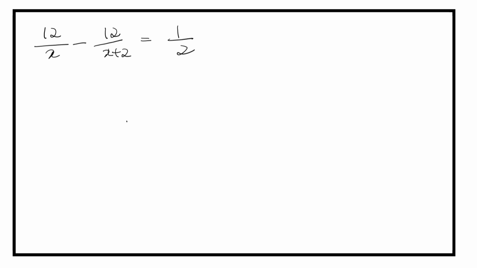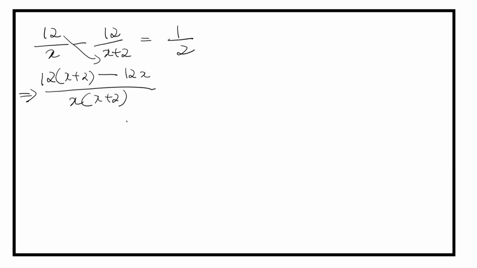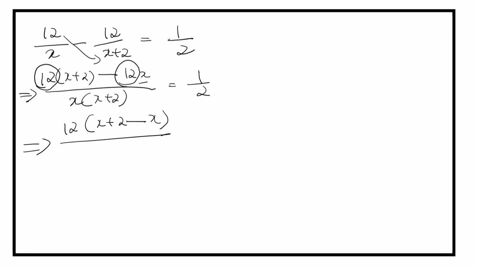Now let us take LCM. What is LCM of x and x plus 2? x into x plus 2. Now we can cross multiply, 12 into x plus 2 minus 12x is equal to half. Now 12 is common. x plus 2 minus x upon, here you can multiply, x square plus 2x is equal to half.